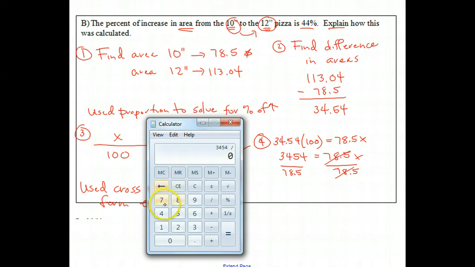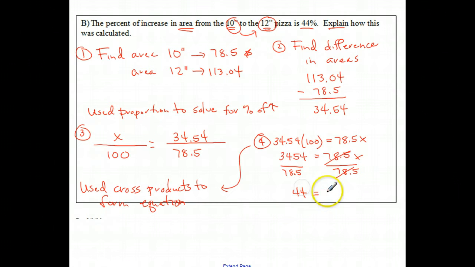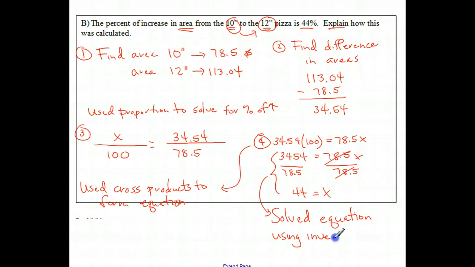Sorry, I keep doing that. 3,454 divided by 78.5 equals 44. So, our last step here, to get 44, we solved our equation using inverse operations.